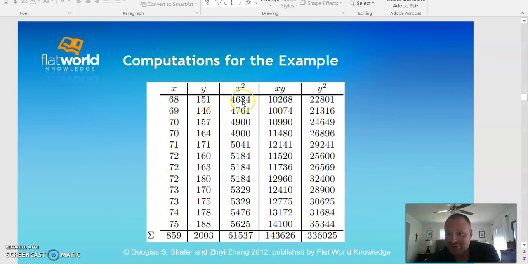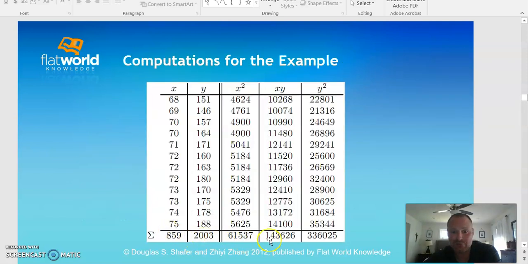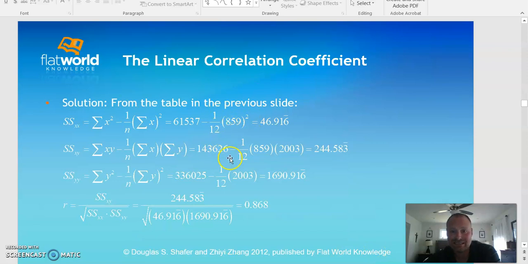And then if you created a formula to calculate x squared, a formula to calculate x times y, and a formula to calculate y squared, and then summed them up, these would be the summations. And you would be using that in your formula over here, right? Notice the values that we're plugging into here represent these values down here. So if you want to take some time to compare those values, you can go ahead and do that and see how they exist in here.